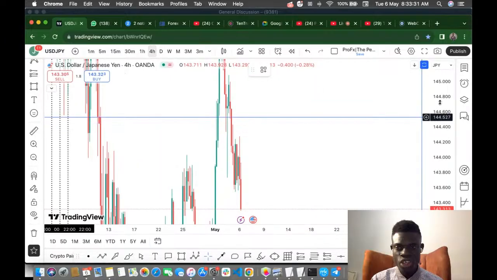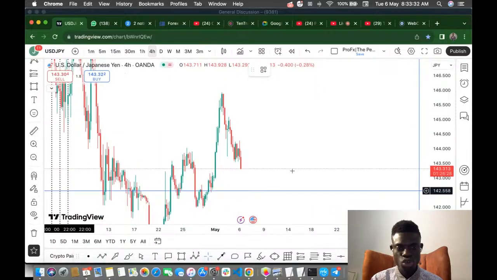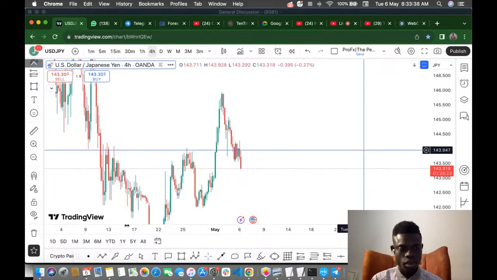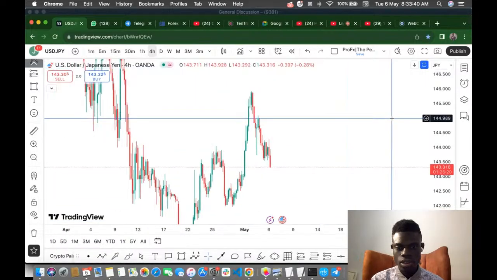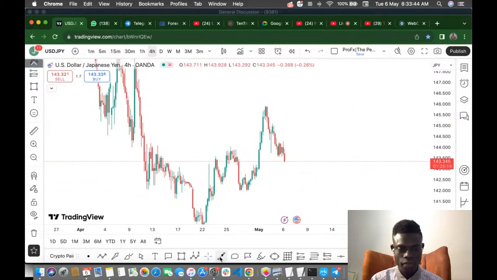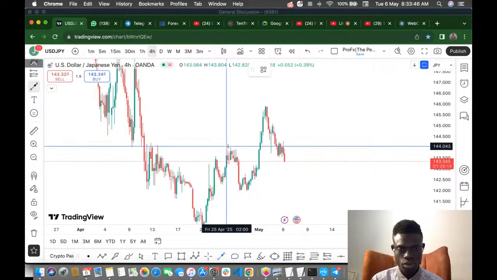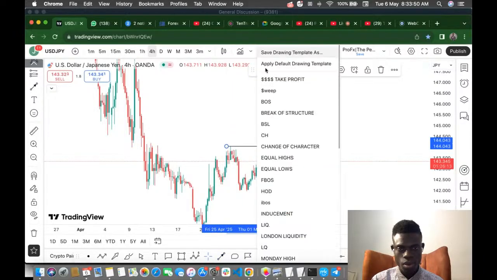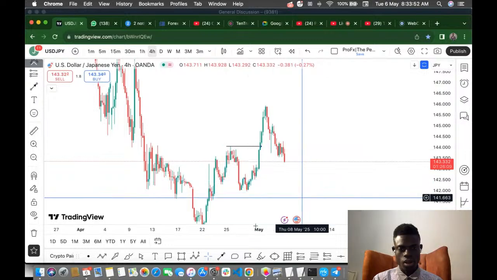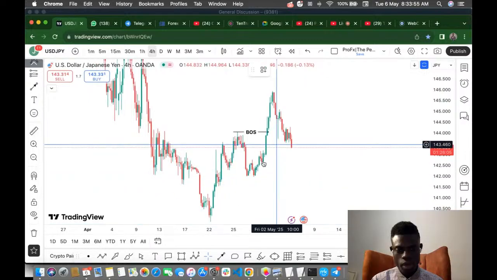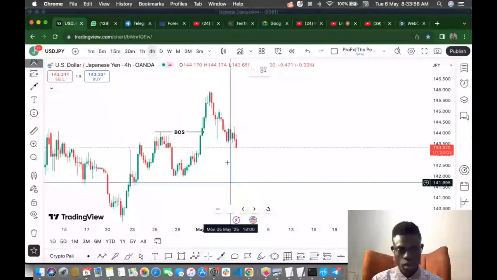But UJ, if UJ is selling, it should be buying. Well, let's check. 4 hours. Similarly, you can see the same. What do we have? We have a break of structure. For the break of structure, we have a fair value gap and we have the recent order block here. And we also have our order block.